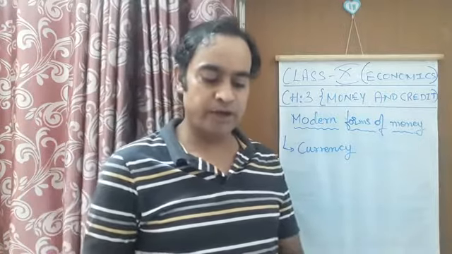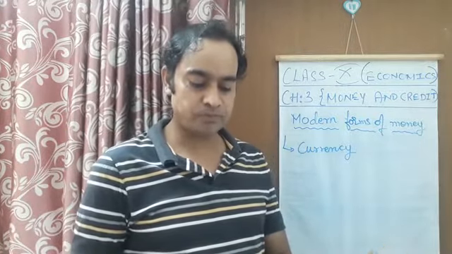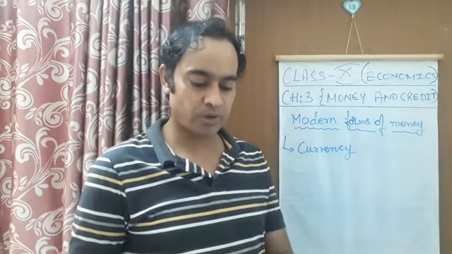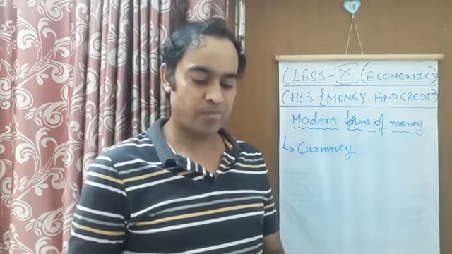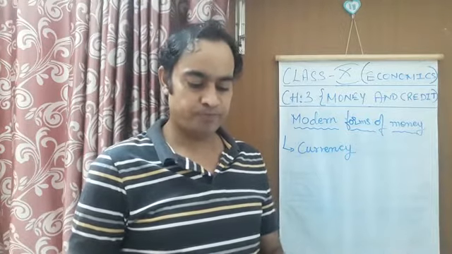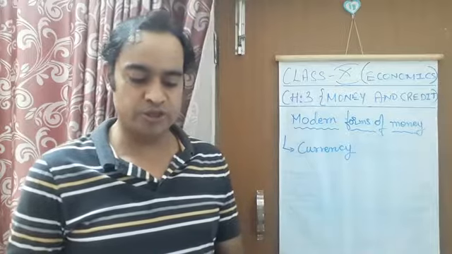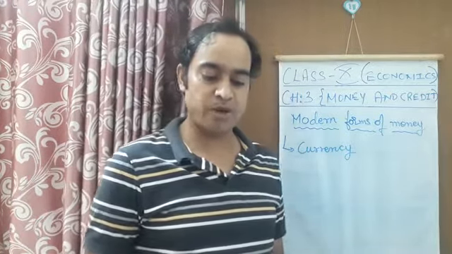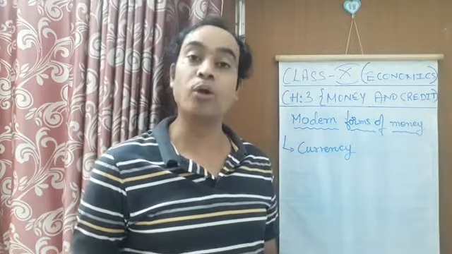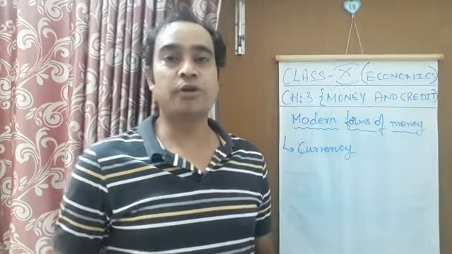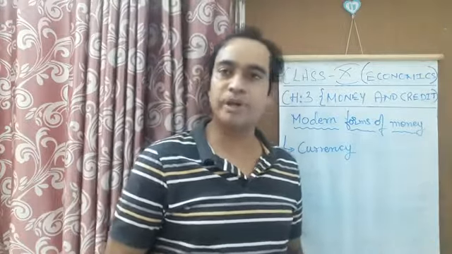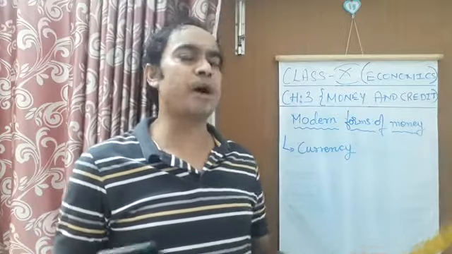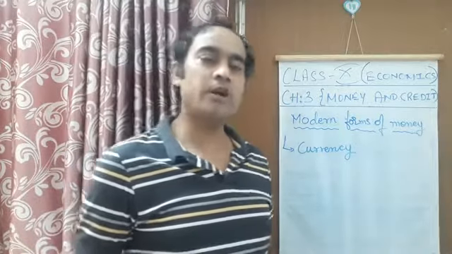I am reading it from the next page here, page number 40. On page number 40, you will see the early punch marked coins, which may be 2500 years old. You will see the picture of this coin in your book on page number 40. That punch marked coin was used in the very past, 2500 years ago.